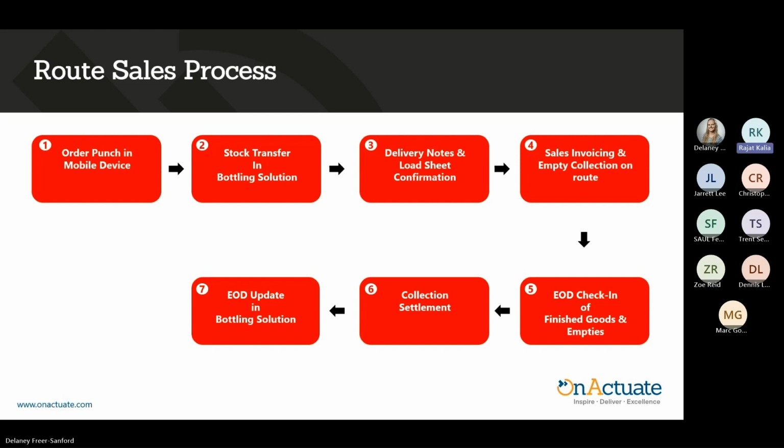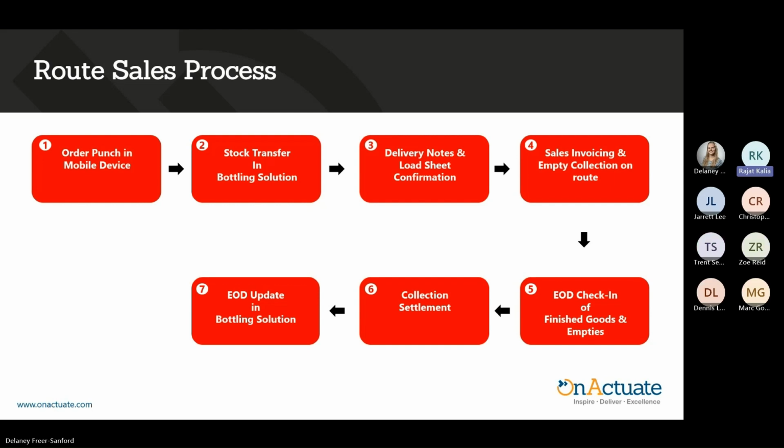The system captures essential metrics such as sales volume, revenue generated, empty bottle returns, and any inventory adjustment made during the day, along with settlement details in the form of inbound integration. And there you have it. In our hypothetical scenario, we witnessed how the bottling solution simplifies the van sales process from order punch-in to EOD updates. Next slide.